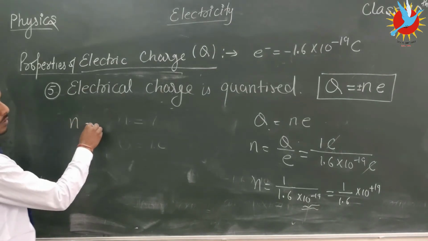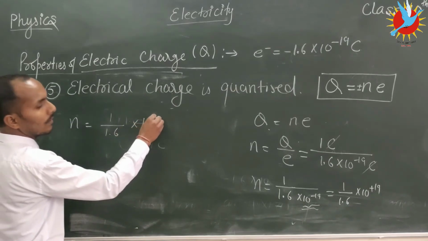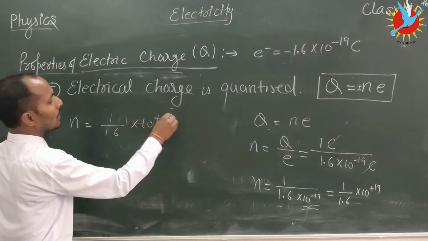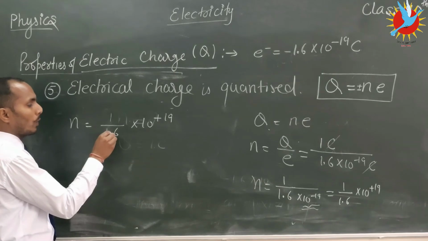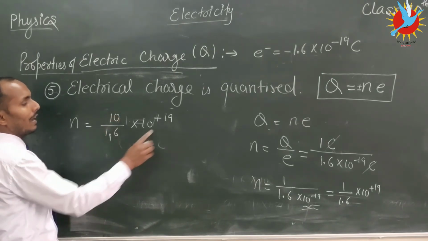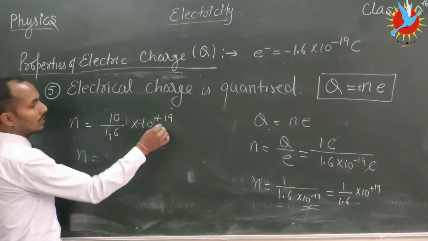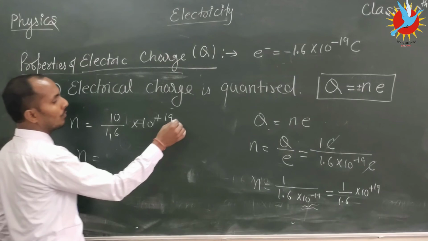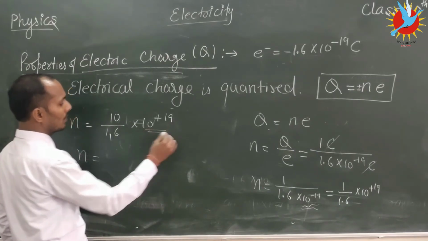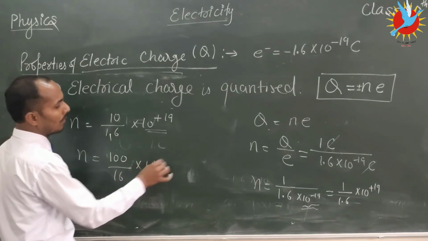N is equal to 1 by 1.6 into 10 raised to power plus 19. When you remove this decimal point, we write it as 100 upon 16 into 10 raised to power 18.